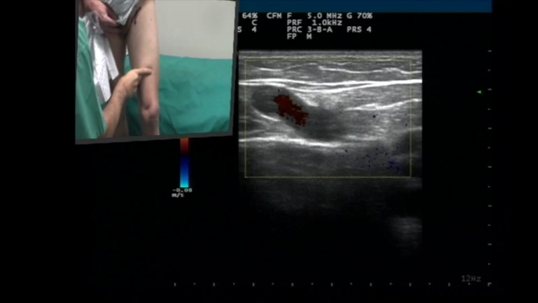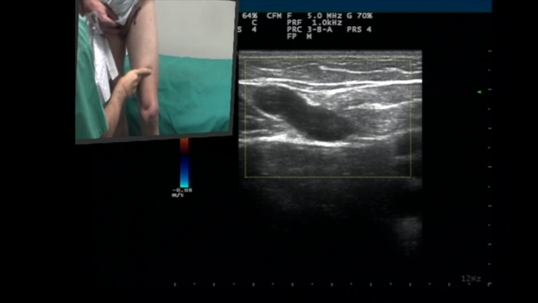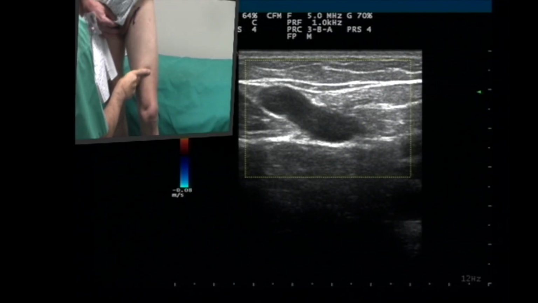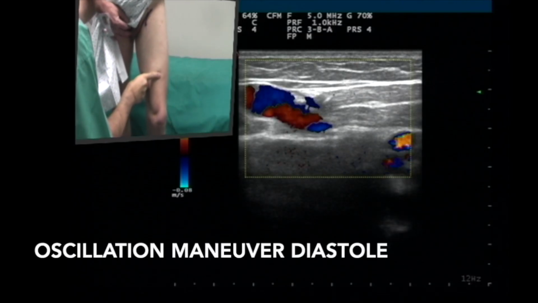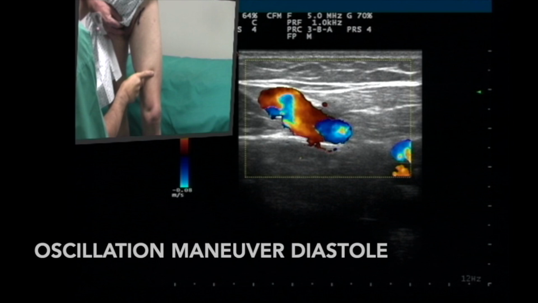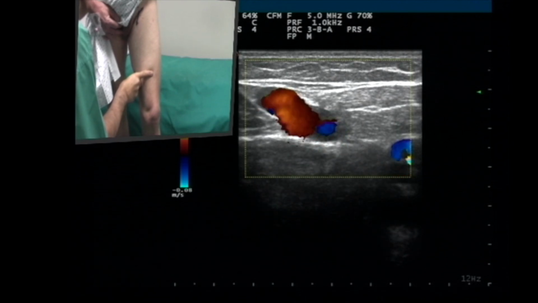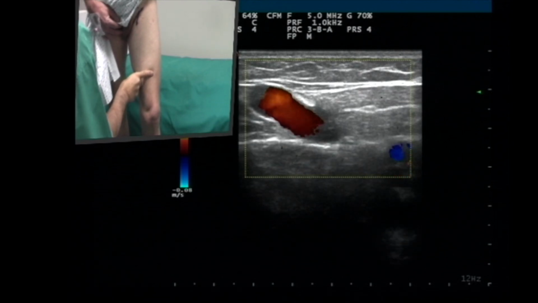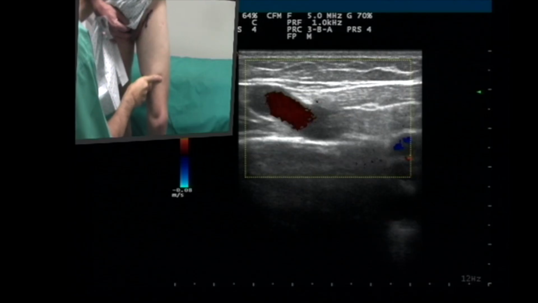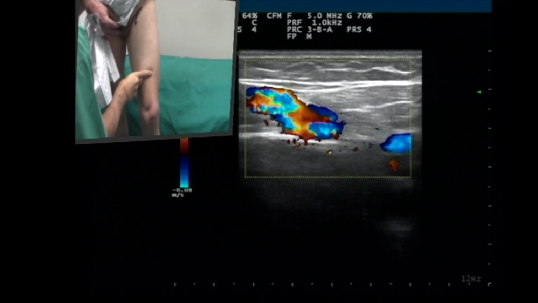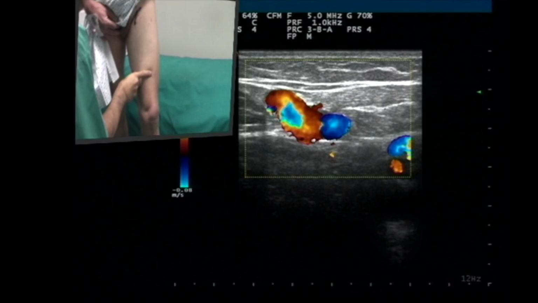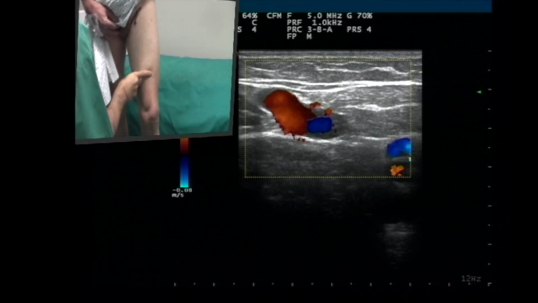Oscillation diastole. Prolonged diastolic reflux resulting from optimal emptying of deep leg veins during systole.